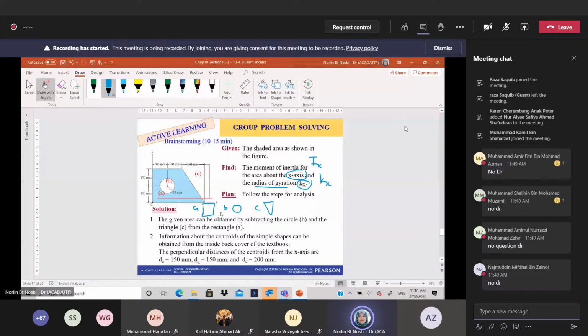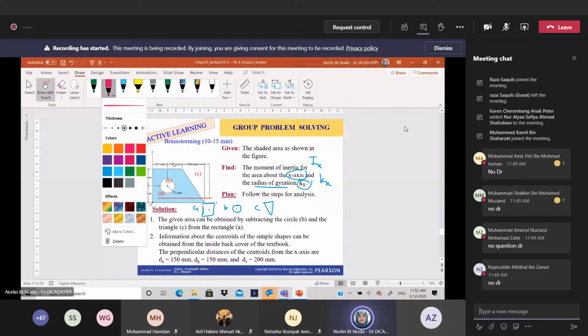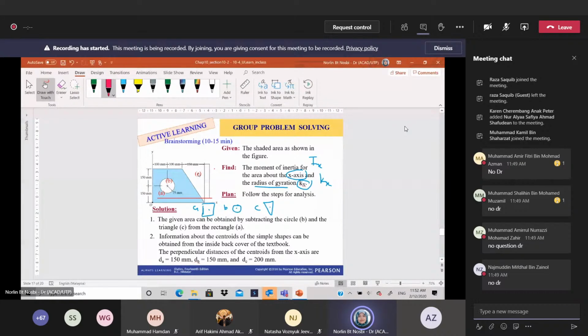So the triangle centroid will be around this point, right? And then for B, the centroid would be at this point, and then A is the total square.